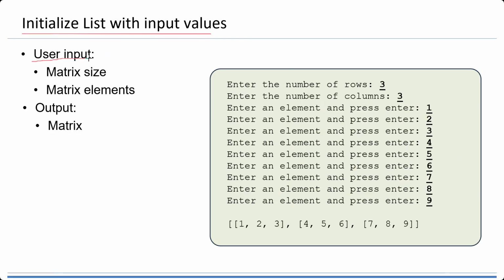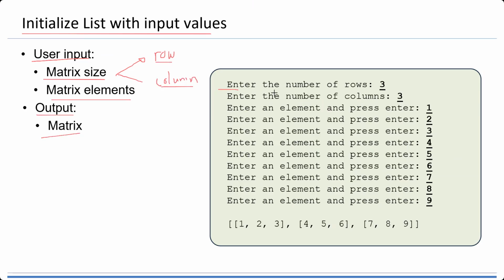The user needs to input the matrix size, which means how many rows and how many columns. And then I'm going to put the elements in every row and column. The output will be the matrix.